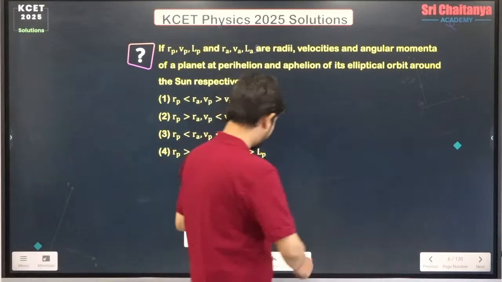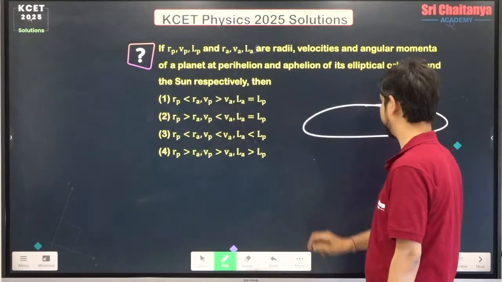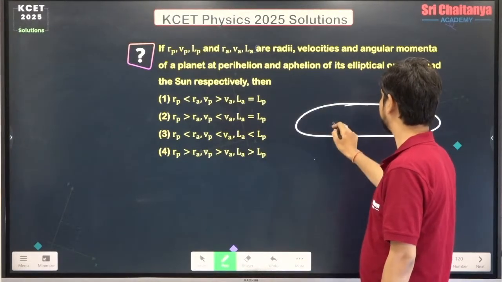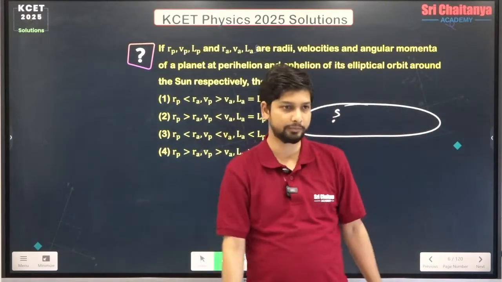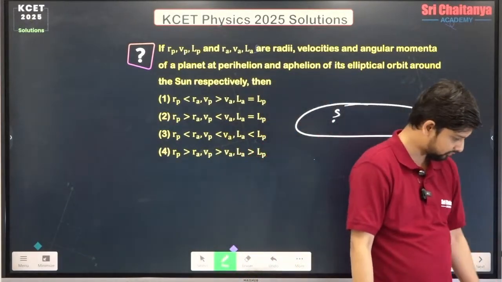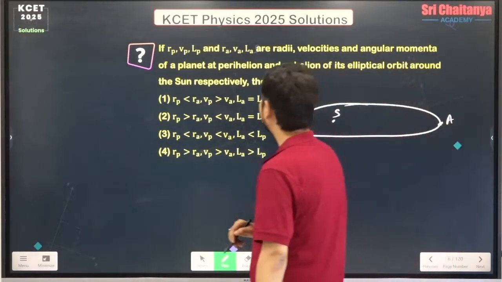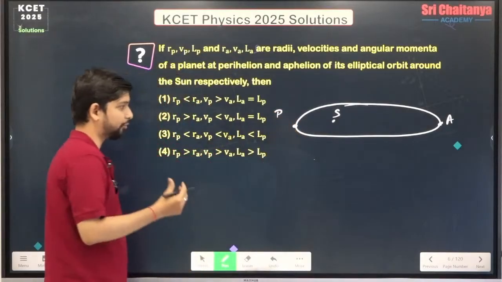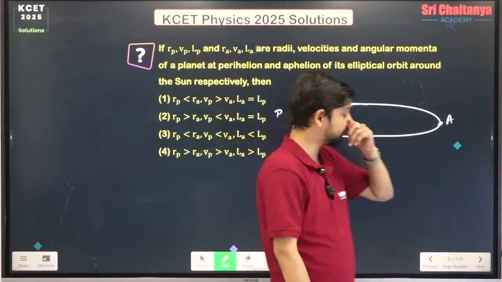In the meantime, let me draw the diagram. Sun is here in the elliptical orbit. Here we have 2 points, aphelion and perihelion. Perihelion is the point which is nearer to the sun, whereas the aphelion is the point which is further from the sun.